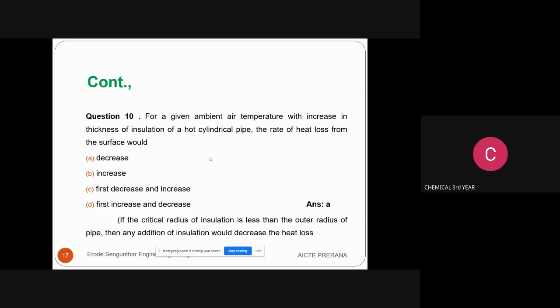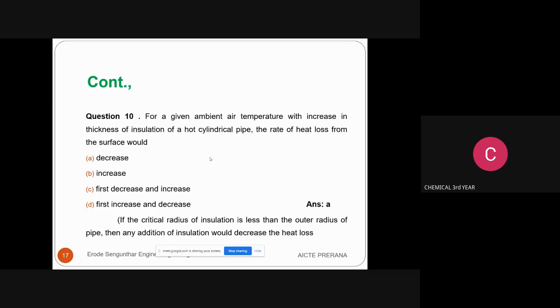This is the decreasing mode. If the critical radius is less than your outer radius, and if we keep on increasing the thickness of the insulation, definitely it will decrease the heat loss only, right? Practically we can tell the answer, no need of searching all kinds of theory.